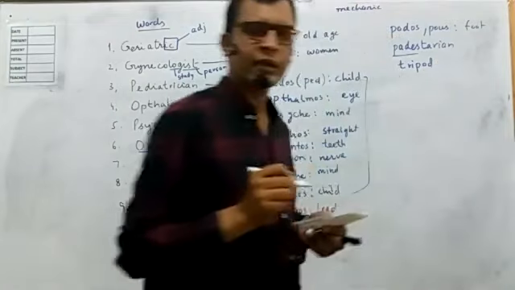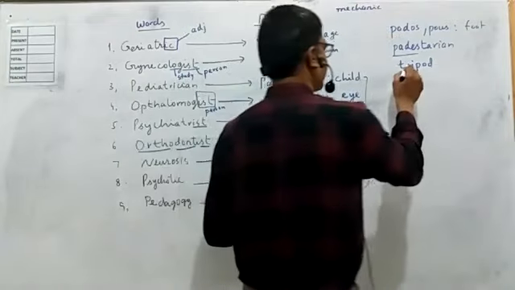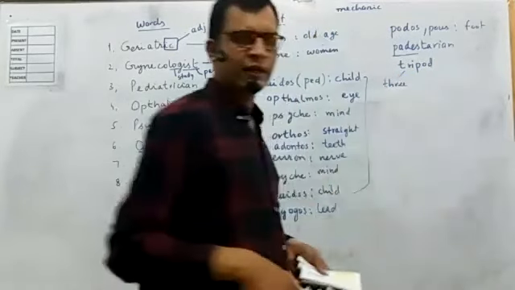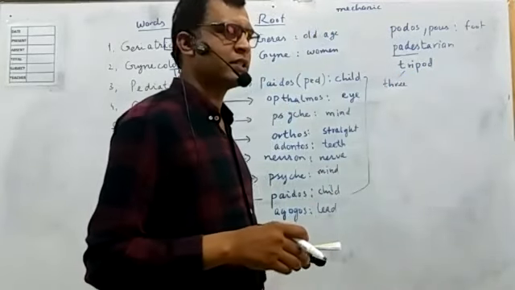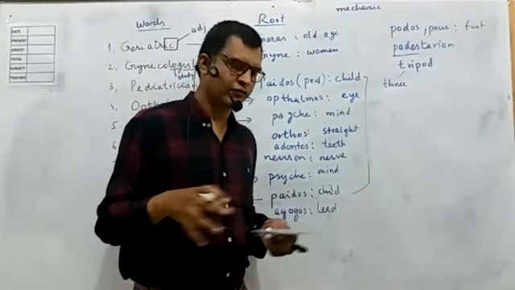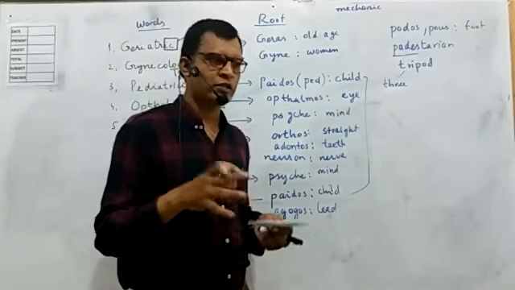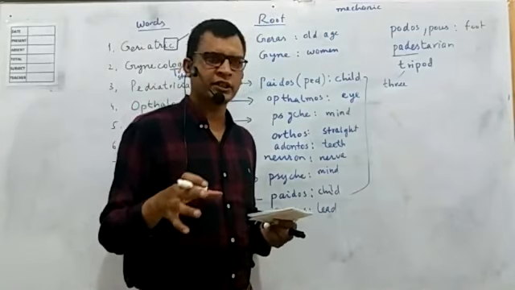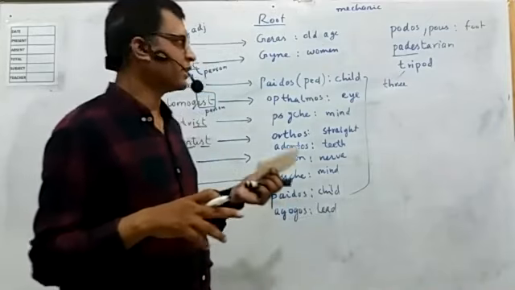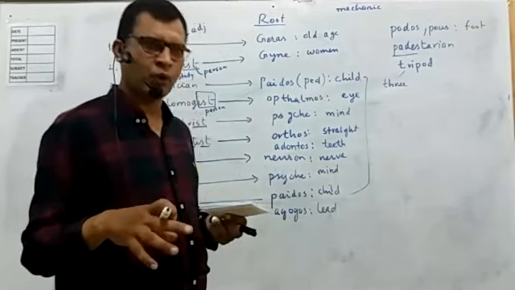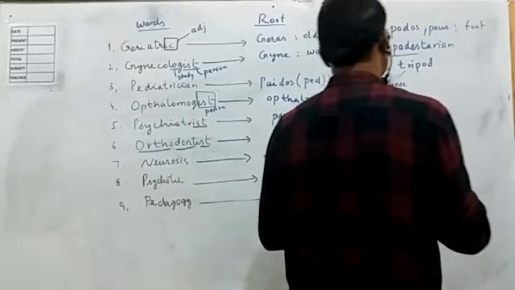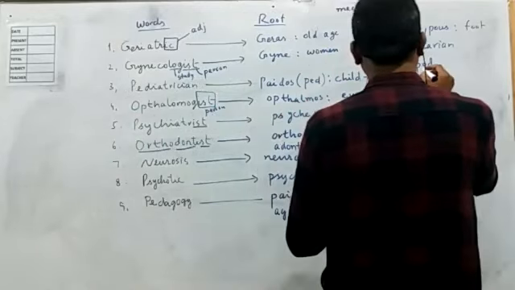Okay, tri is with three and pod is with feet. So, for instance, you have some kind of a frame, a stool, or a chair that has 3 feet, or a table that has 3 feet. That will be tripod.